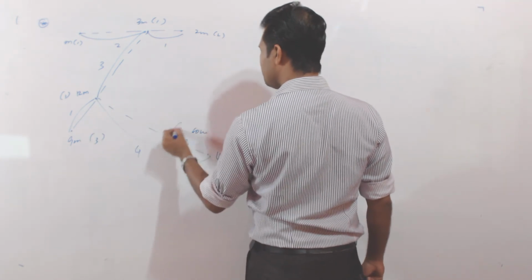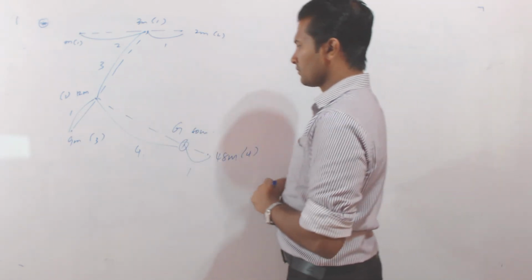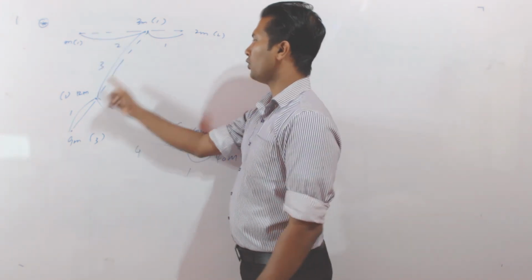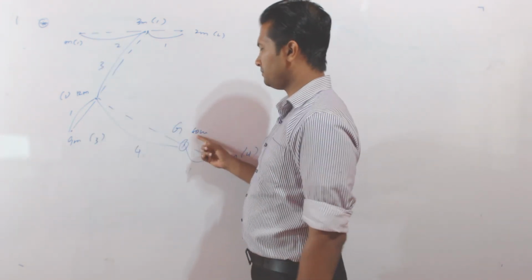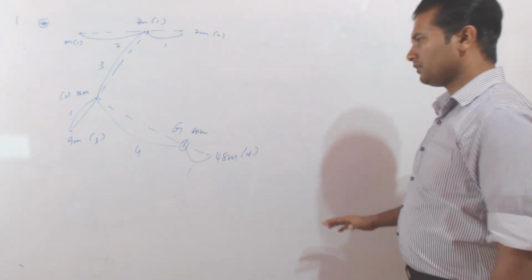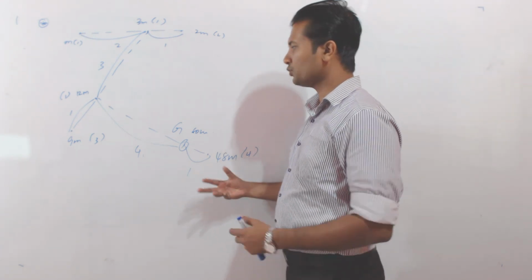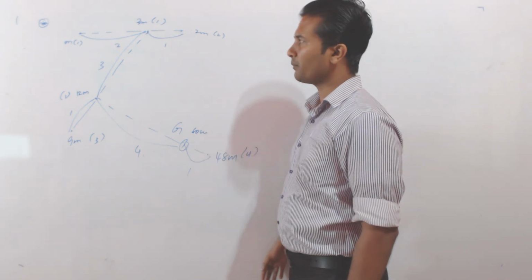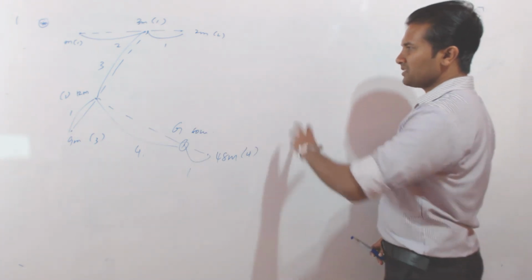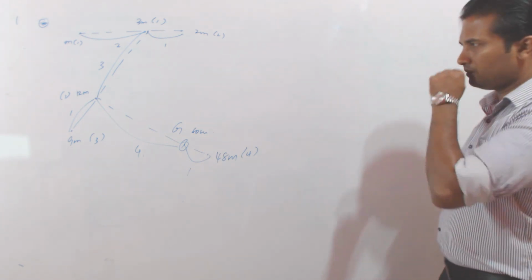So this is the center of gravity of the system. When finding the center of gravity, the addition of all masses should be equal to the final mass. Otherwise, you have to consider the remaining mass as well. This is the way of finding the center of gravity of given masses.